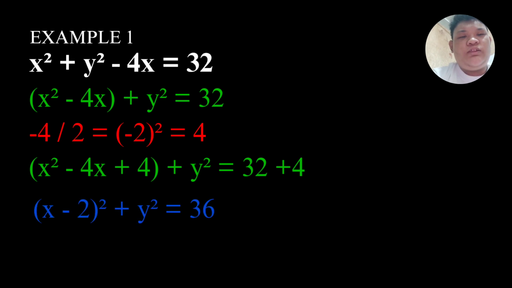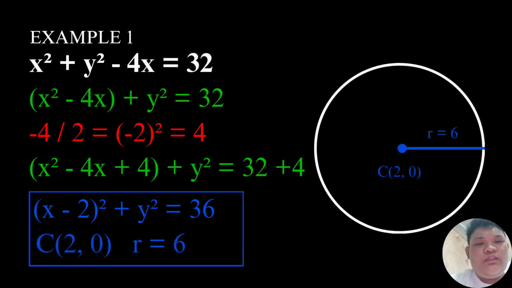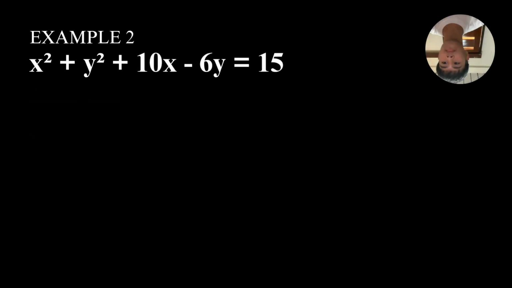It then turns into the standard equation by using the number in the parentheses from the square of the binomial, making it (x - 2)², bringing down y², then adding 4 to 32 makes 36. We can then find its center and radius by inverting the sign, making the circle center at (2, 0), and finding the square root of 36, which is 6.